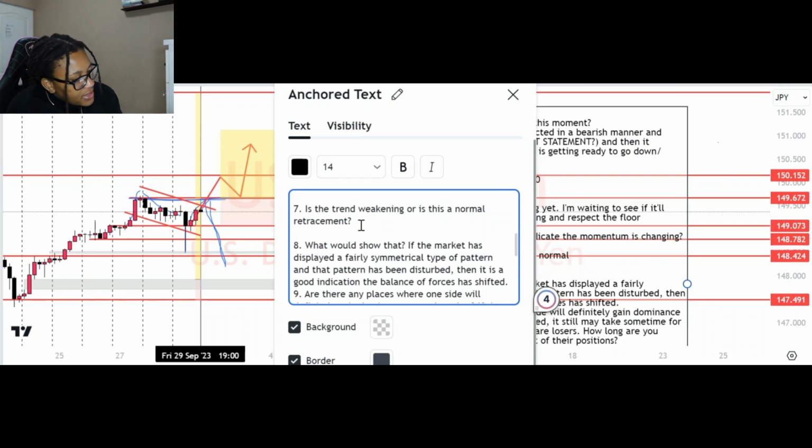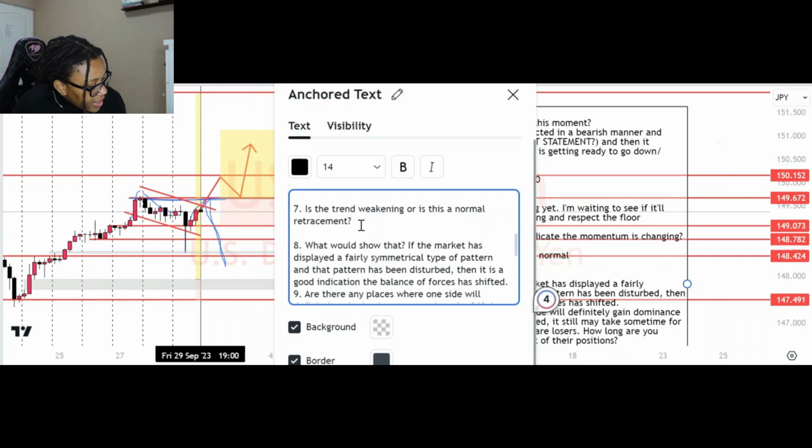And then number 8 said, if the market has displayed a fairly symmetrical type of pattern and that pattern has been disturbed, then it is a good indication the balance of force has shifted. So basically, number 8 is a continuation of number 7, right? It's basically a 7.2. So let's go back to number 7.